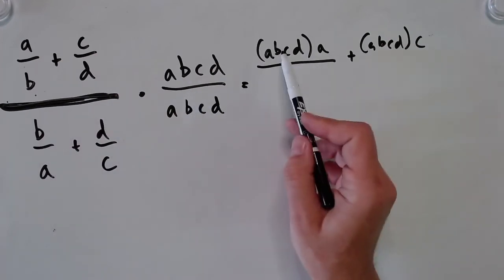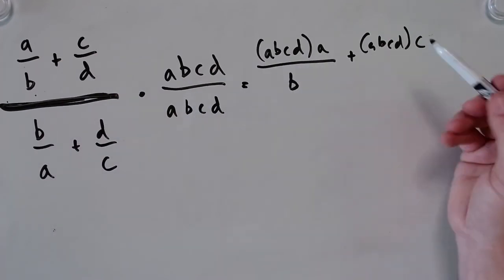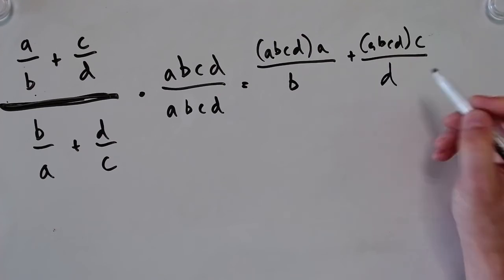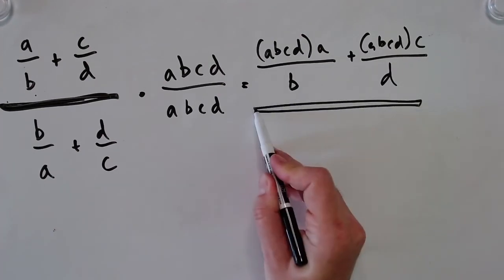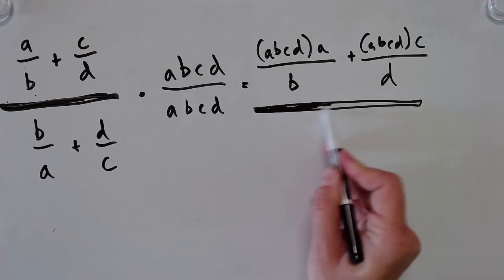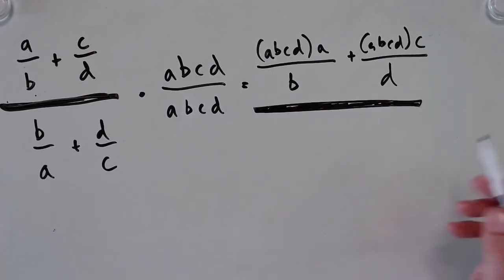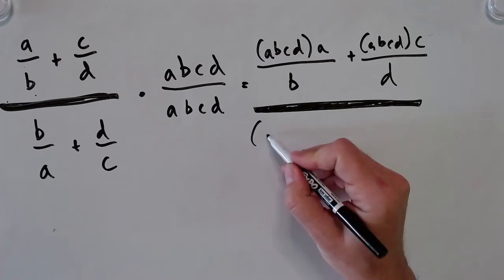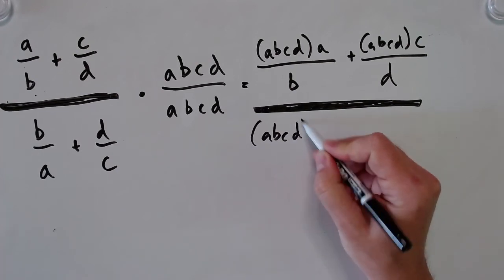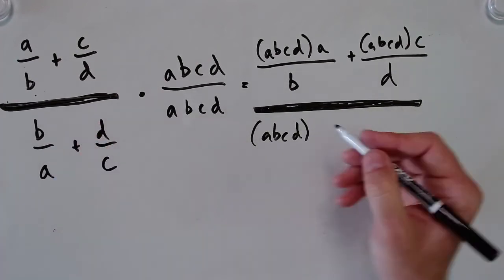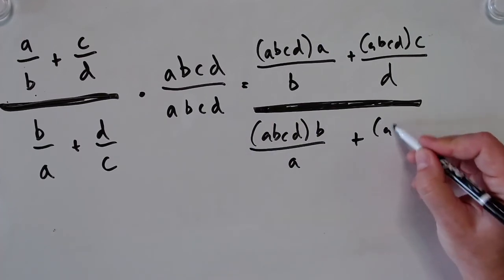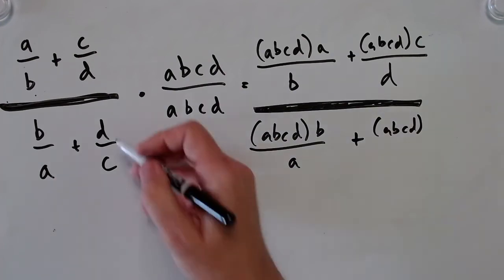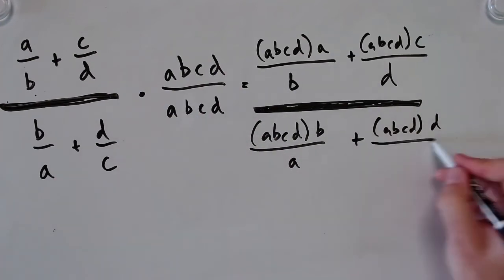So that's why we have this here times a over b, and then we're going to have the c over d, and then we need our megabar. Fill it in. And then we're going to have this a, b, c, d times b over a plus a, b, c, d times d over c.